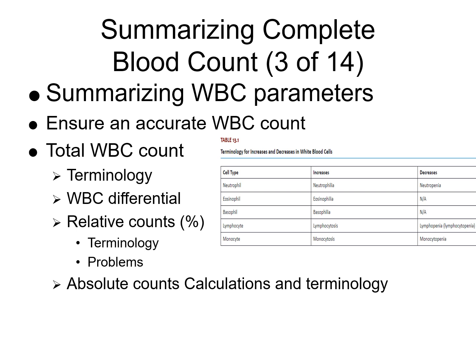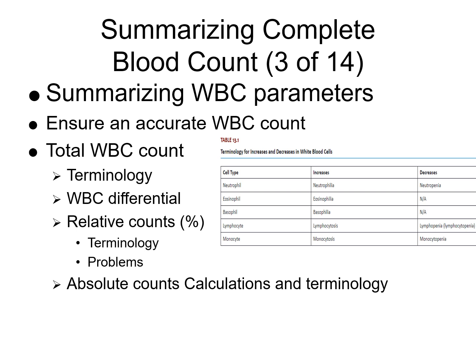Some terminology. We have the white blood cell differential. This is the distribution of different types of white blood cells, so neutrophils, lymphocytes, monocytes, eosinophils, and basophils, expressed as percentages or absolute counts. Then we have the relative counts. This is the proportion of each white blood cell type as a percentage of the total white blood cell count.